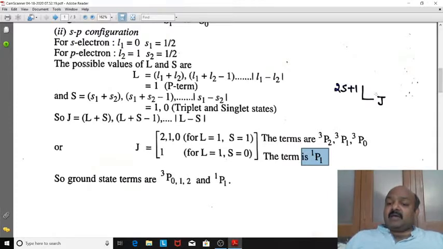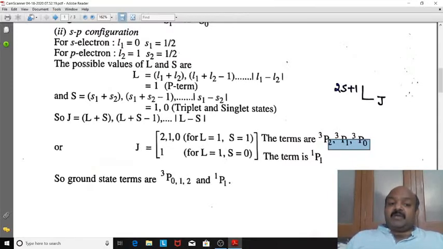So now again the last calculation remained for value of J. So J is equal to L plus S. It depends again on the combinations. L value can be 1, S value can be 1. So 1 plus 1, 2. First value is 2. Then 1 plus 1 minus 1, second value is 1. Last value is 1 minus 1, 0. So we have 3 values of J, written in the terms 2, 1 and 0.